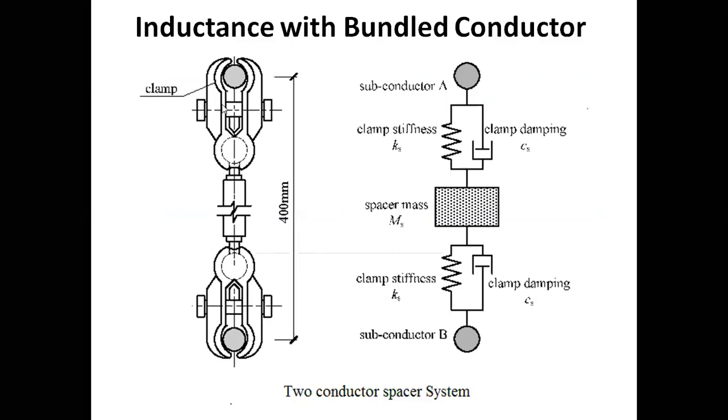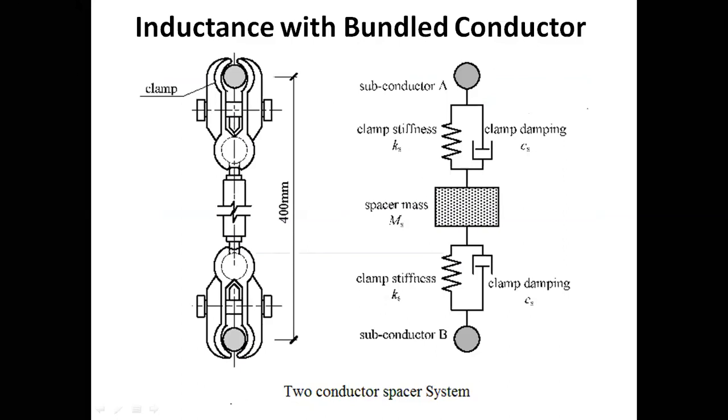Now this is one sample of a bundle conductor having two conductors in the bundle, an upper conductor and a lower conductor, separated by the spacer damper. In the spacer damper, you can see there is a clamp stiffness, just like a spring, and a clamp damping, and in the middle we are using some spacer mass.